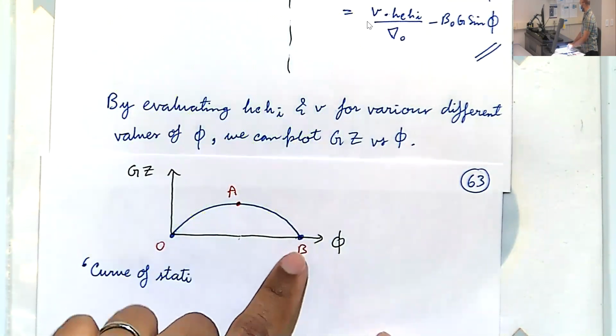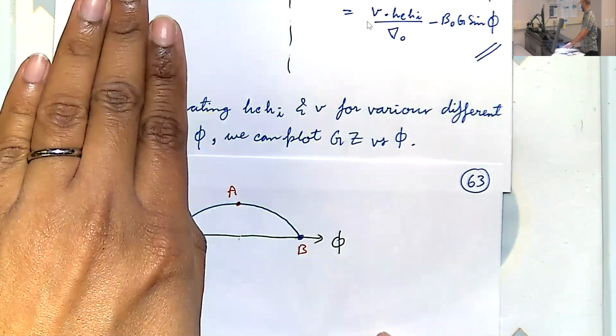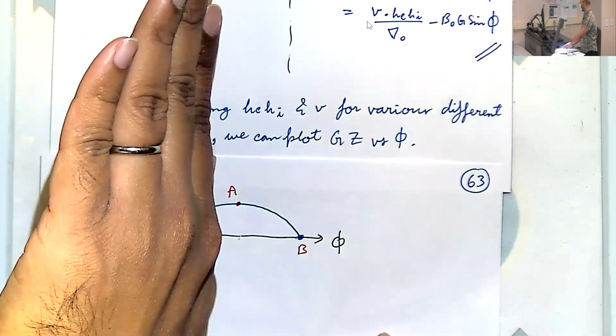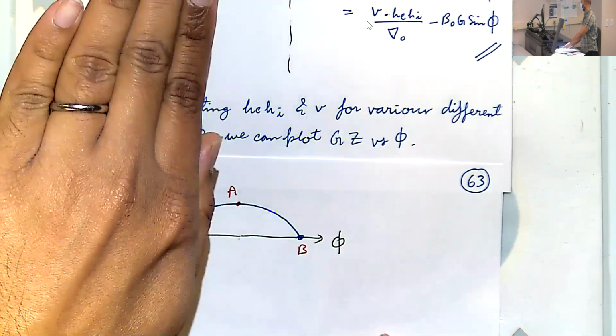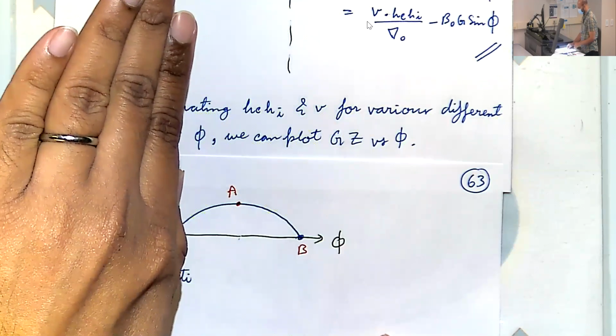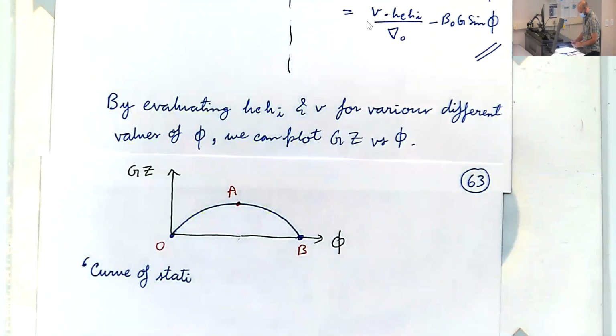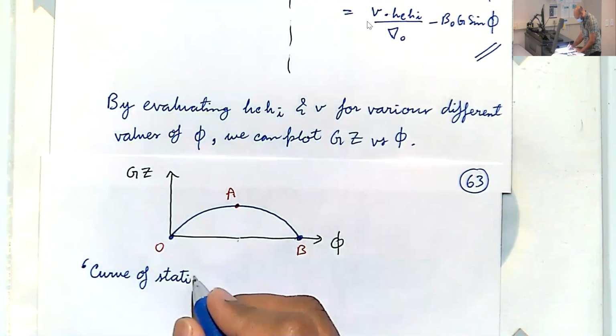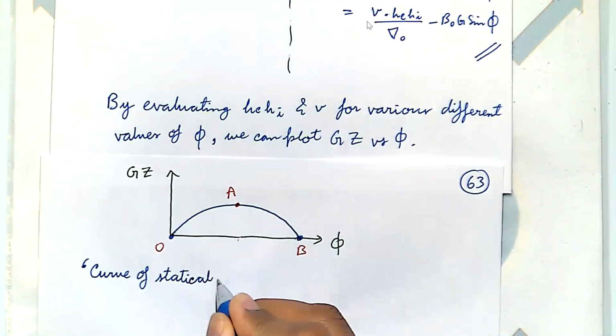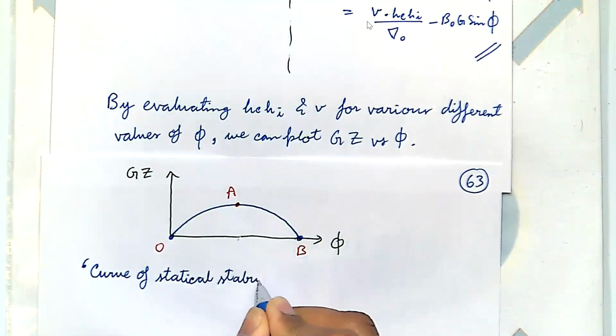If you exceed B, then there is nobody trying to restore your hull. So at that point, you will capsize. Okay, I'll write all of that down. So this is called curve of statical stability.